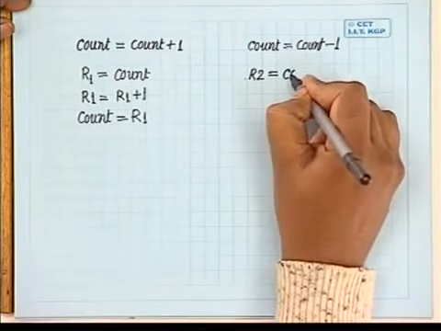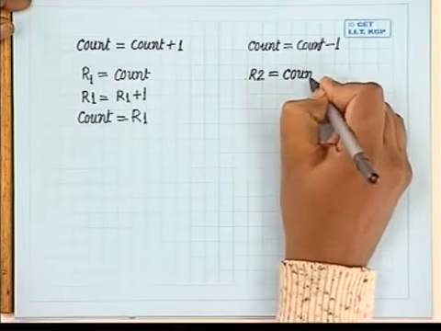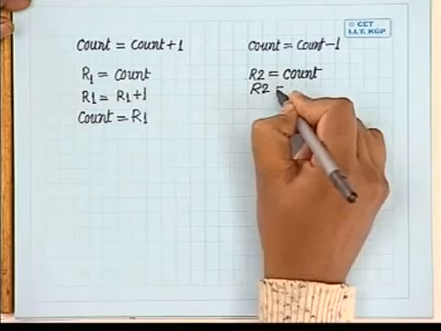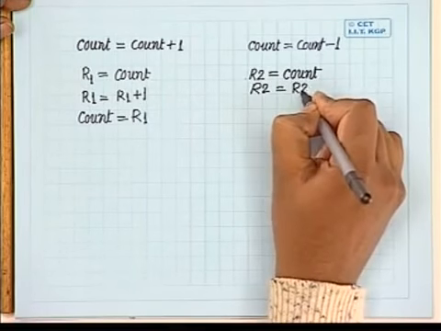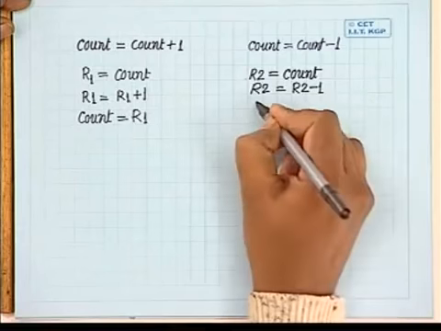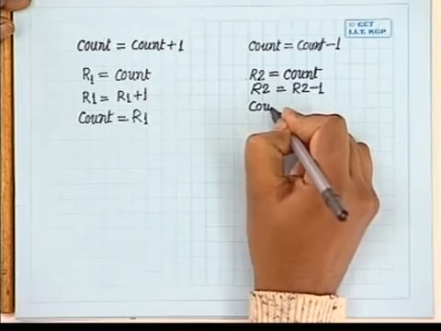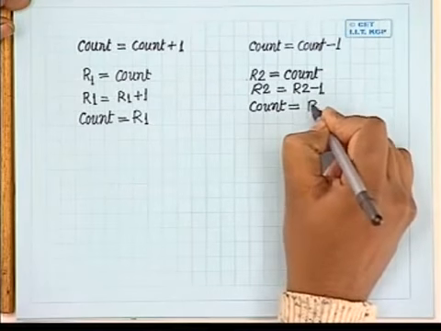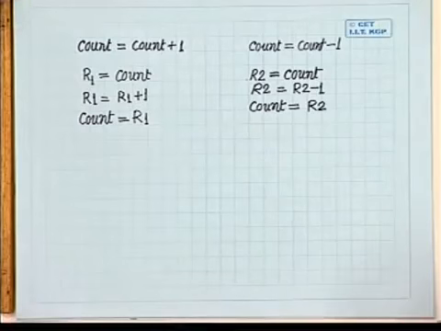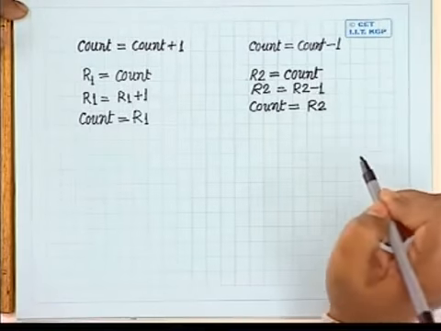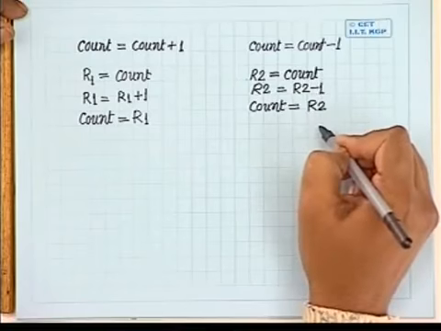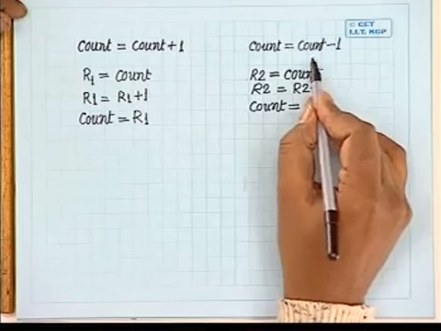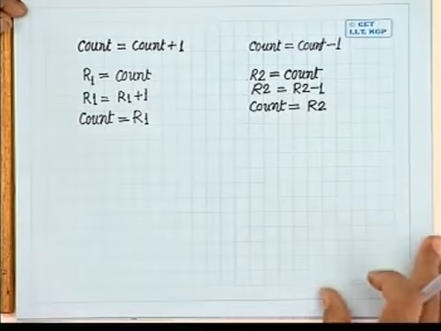So the operations that will be performed are R2 equal to count, then R2 is decremented by 1, and finally this decremented value of R2 is written back into the memory location assigned to count. Okay. So these are the three assembly language statements which will be executed in sequence to give you decrementation of variable count by 1.